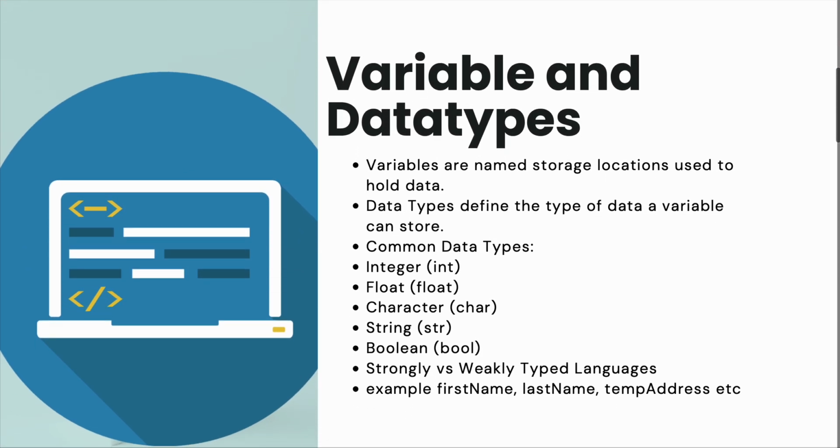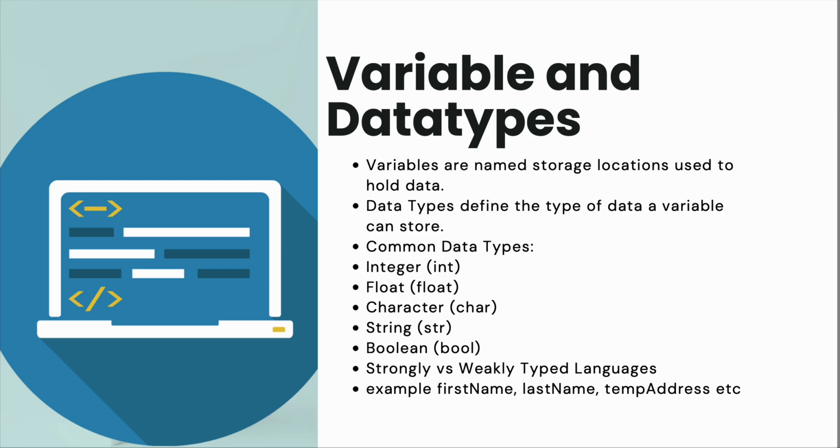So in case of programming language, first let's understand about variables and data types. What is a variable? Variables are named storage locations which are used to hold any data, and data types are the values which define the type of the data being stored in a variable.